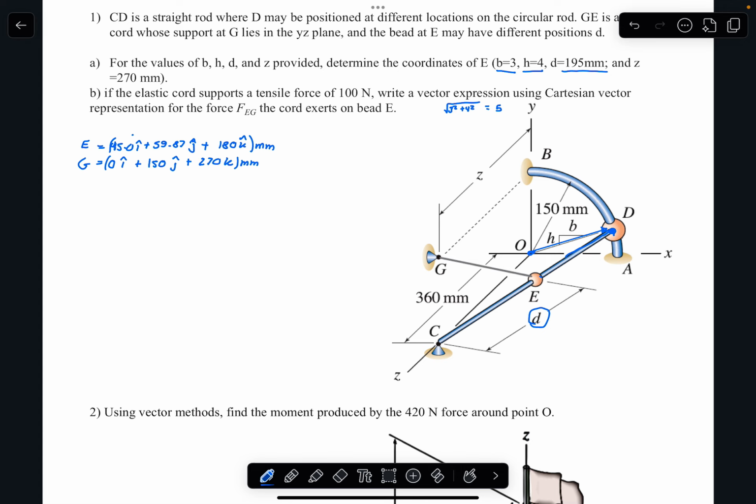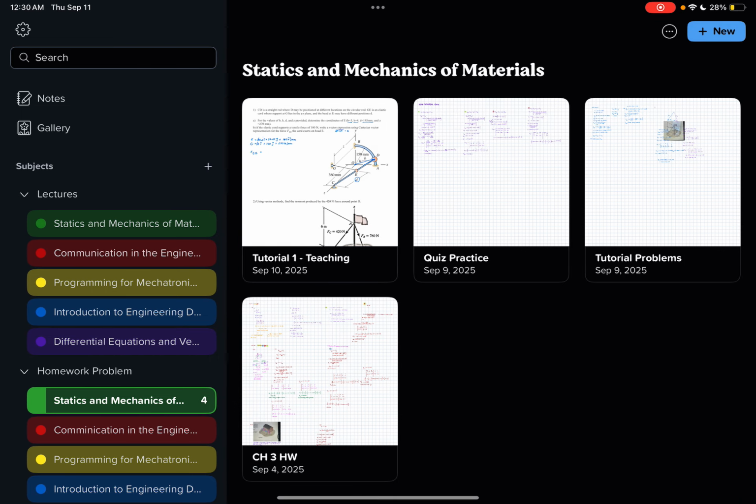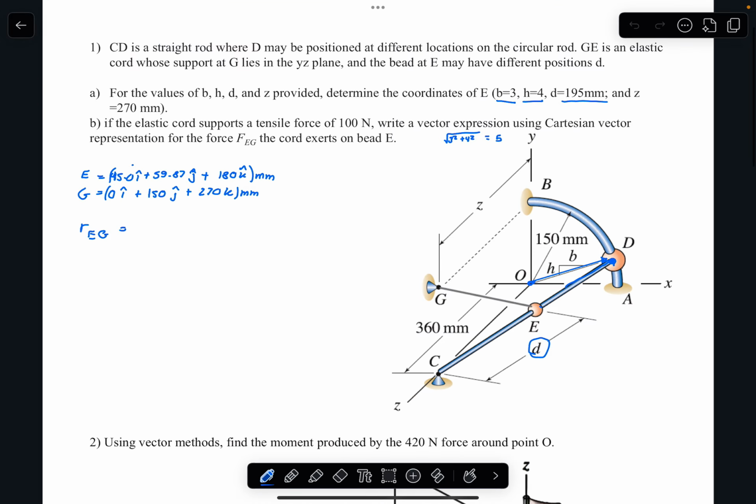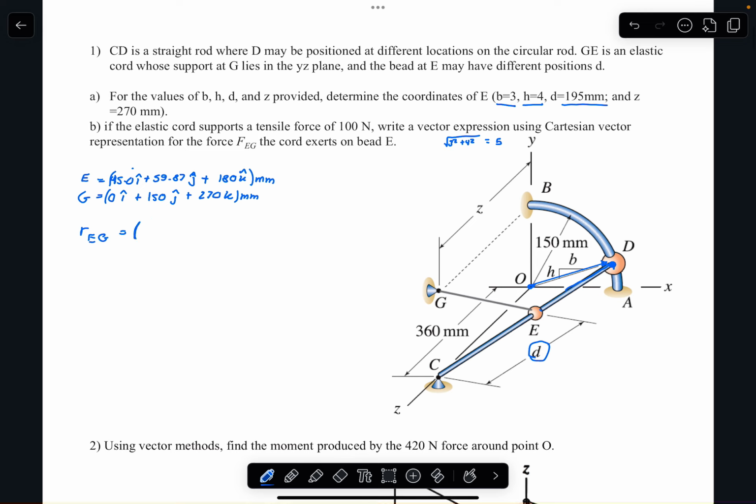And now we're going to find rEG. This means that G is the head, E is the tail.